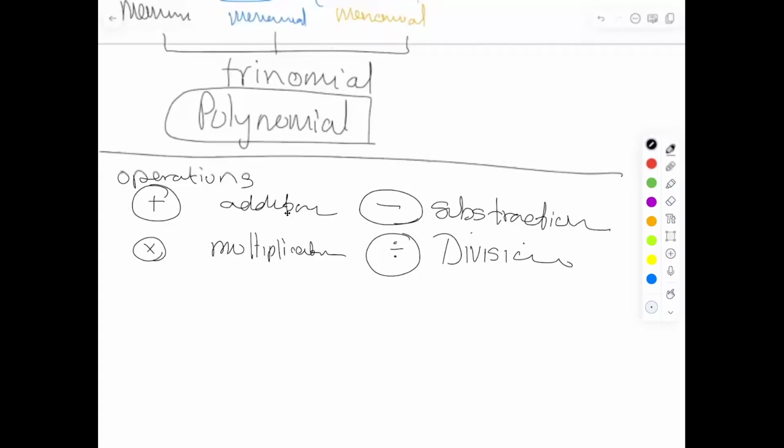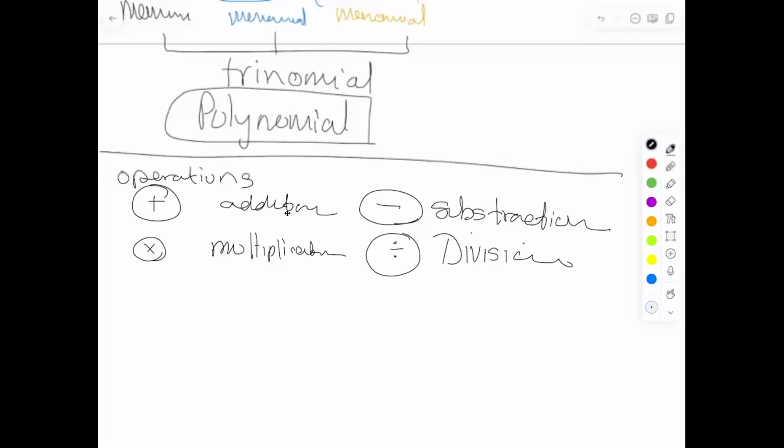So this is called PEMDAS. This is parentheses, exponents, multiplication, division, hold on, parentheses, exponent, multiplication, division.